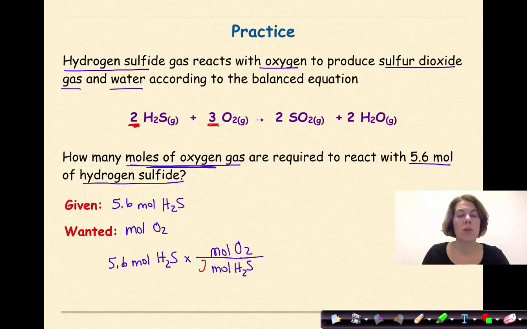So the 2 is going to go on the bottom, and the 3 is going to go on the top. I'm going to put an equal sign, and then I need to make sure that my units cancel. So moles of H2S cancels moles of H2S. So I'm going to multiply together 5.6 times 3 divided by 2, and my final answer will be 8.4 moles of O2. And that's another example of how to do a mole-to-mole problem.